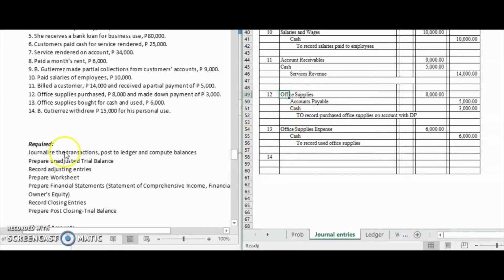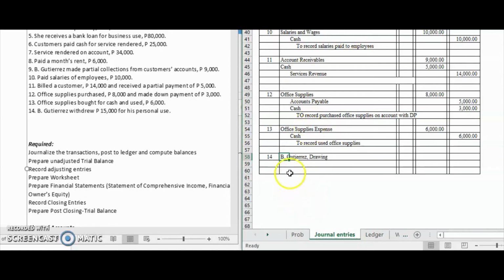Okay. B. Gutierrez withdrew 15,000 for his personal use. So in this case, withdrawal, this is a new term, right? Withdrawal, we call it in accounting drawing. Okay, it is a decrease in capital, but we do not debit capital. What we do is we make another account title to record withdrawals.